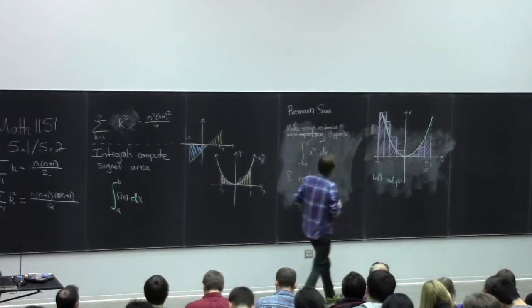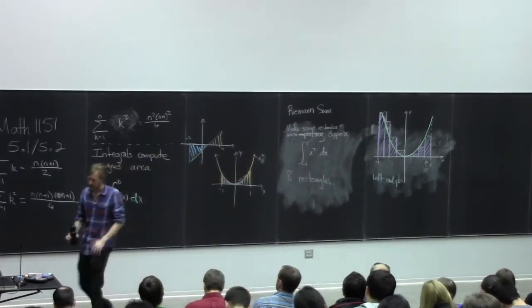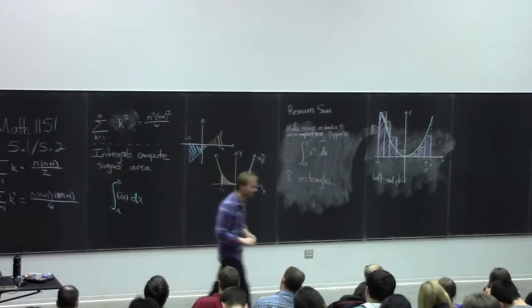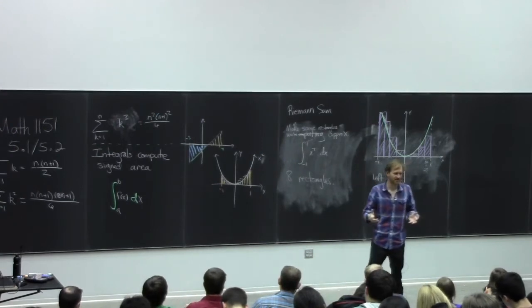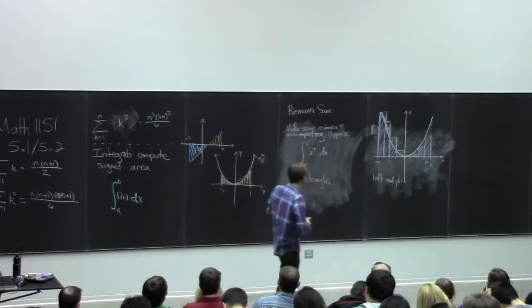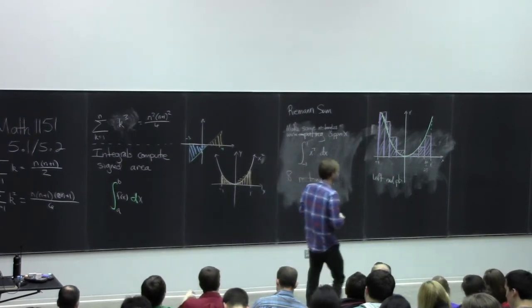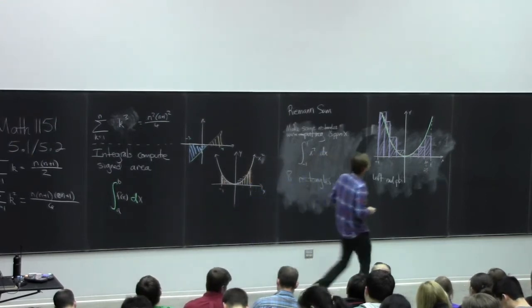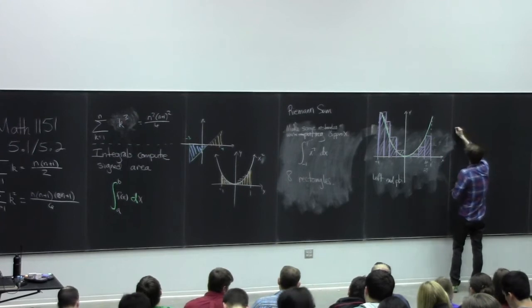All right, so that's our rectangle. Now look, we know the formula for the area of a rectangle: base times height. So all we have to do is write down a sum.